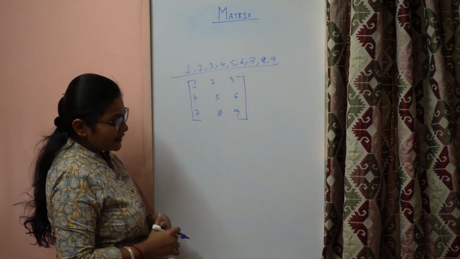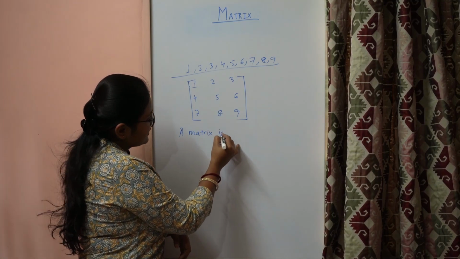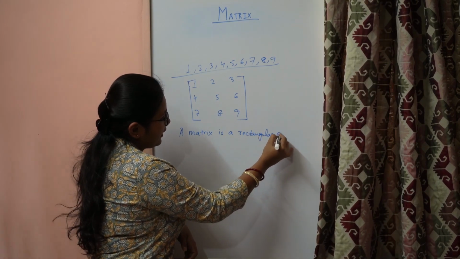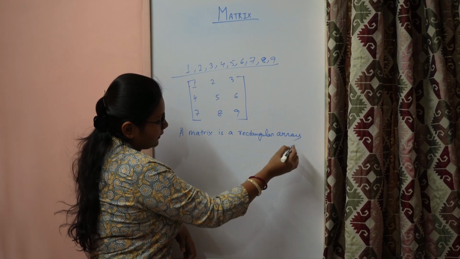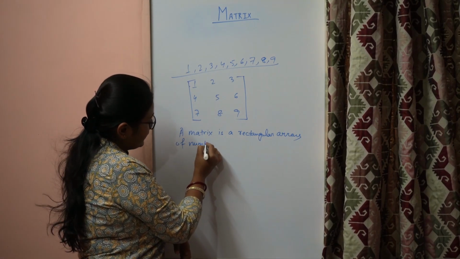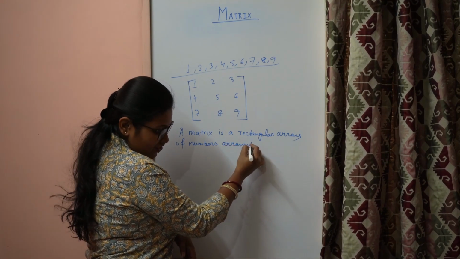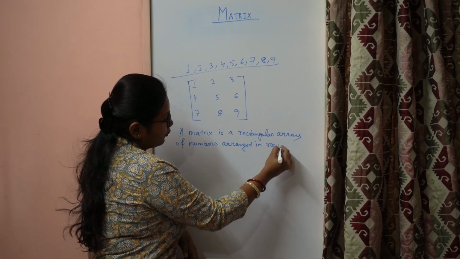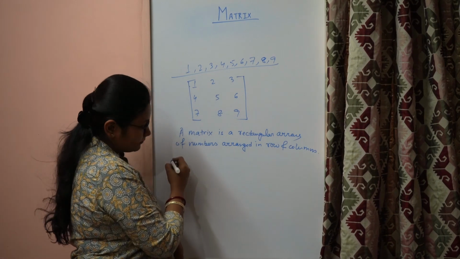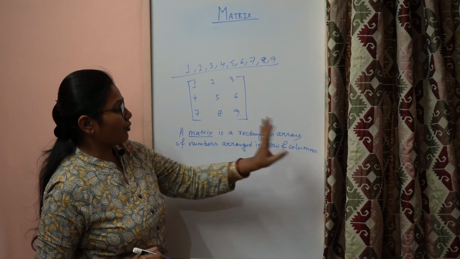So you can say that a matrix is a rectangular array of numbers arranged in rows and columns.